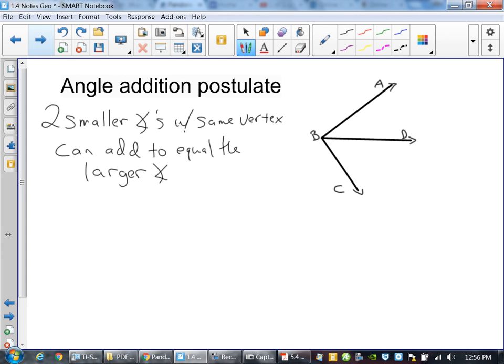If you had points that were collinear, x, y, and z, we were able to say xy plus yz equals xz. Angle addition is the same thing with more letters. Since they all share that common vertex, that's the only thing you got to be careful of.